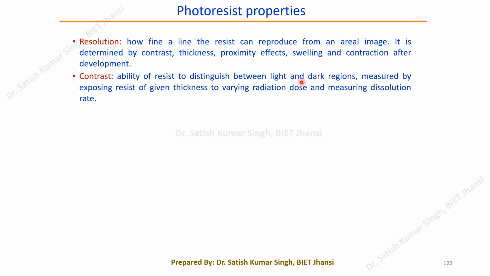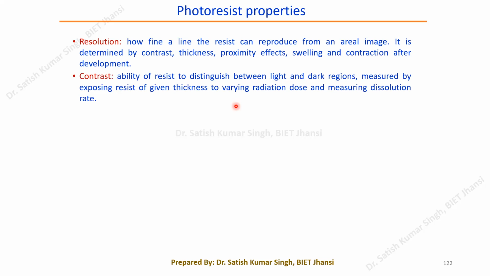The second thing is the contrast. What is the contrast here? It is how your photoresist is going to differentiate between the dark field and the light field, meaning the exposed area and the unexposed area.